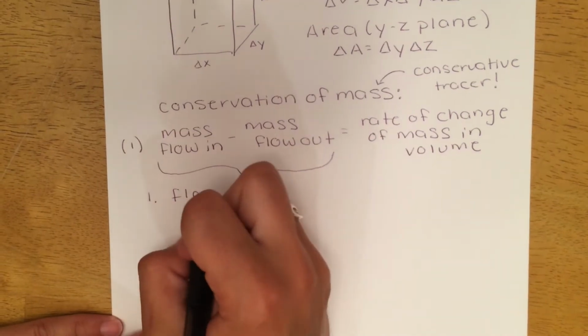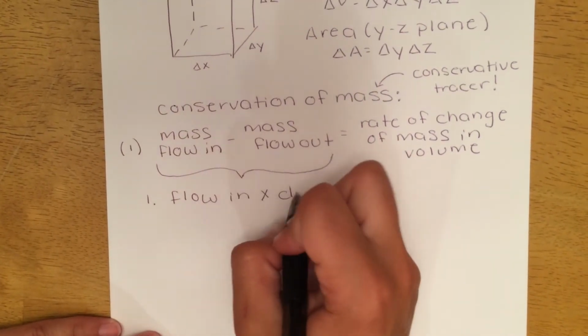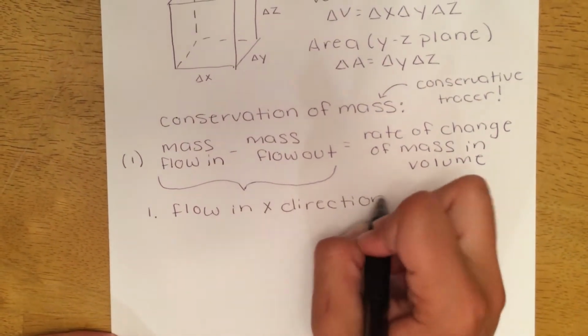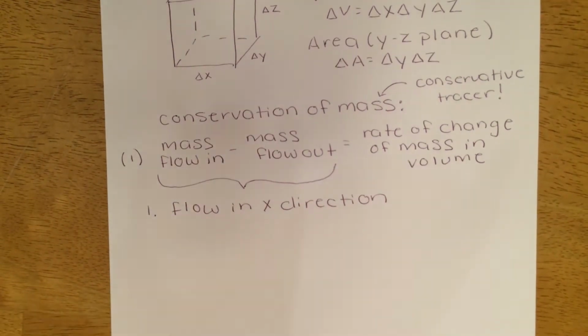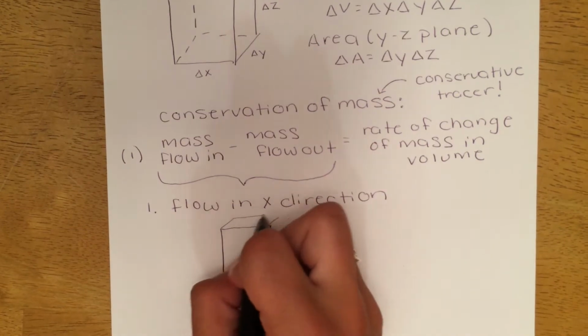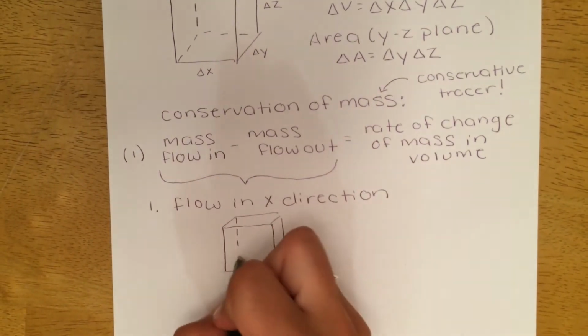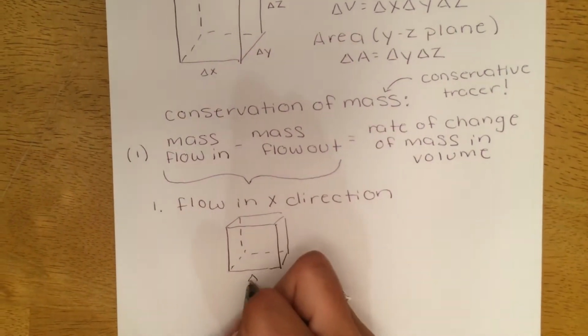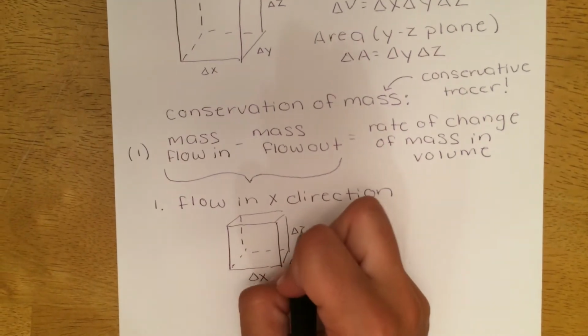We'll begin our derivation by looking at the left-hand side of the conservation of mass equation, and for now, we'll focus on flow in the x direction. Again, here's our cube, and now we can draw our x direction flow. We'll label the mass flow in each direction m in and m out.